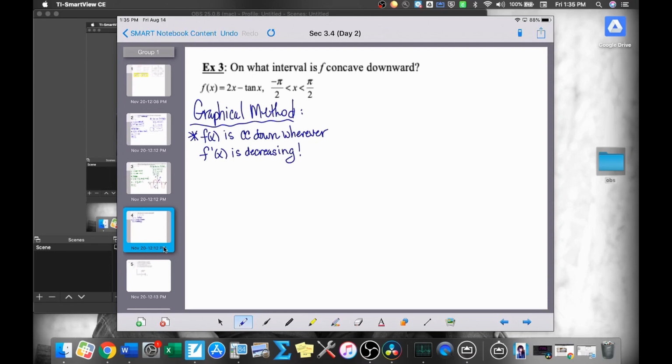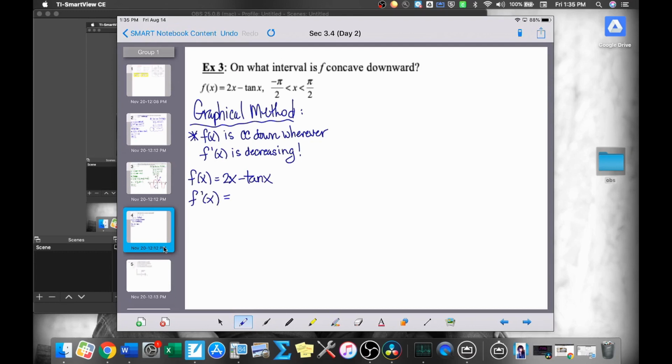So in order to answer this question, we need to look at a graph of f prime of x. Well, we know that f of x is 2x minus tangent x. So now we have to find f prime of x, which would just be the derivative.